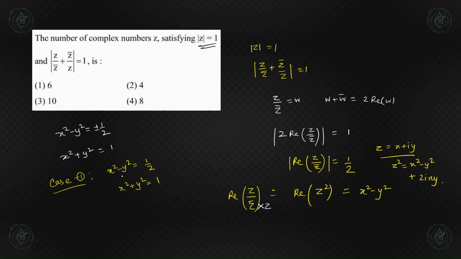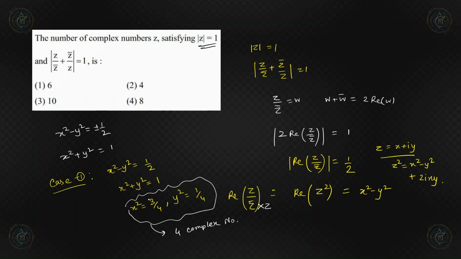If we solve this, we get x square equal to 3 by 4, and y square equal to 1 by 4. So now we can easily say how many complex numbers will be there satisfying these two criteria. There will be a total of 4 complex numbers, right?